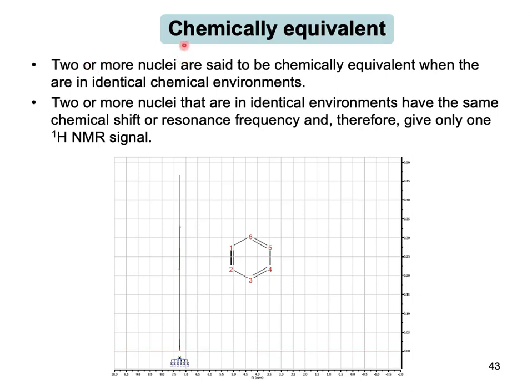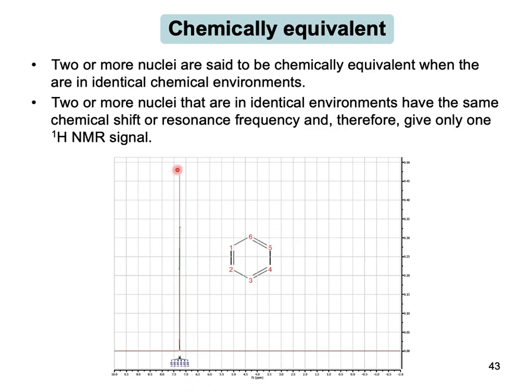Now the chemically equivalent protons: the protons which have the same chemical environment are called chemically equivalent protons or chemically equivalent nuclei. Two or more nuclei are said to be chemically equivalent when they have identical chemical environment. In case of this one, this is benzene. All protons have the same chemical environment. That's why it has one peak, right?